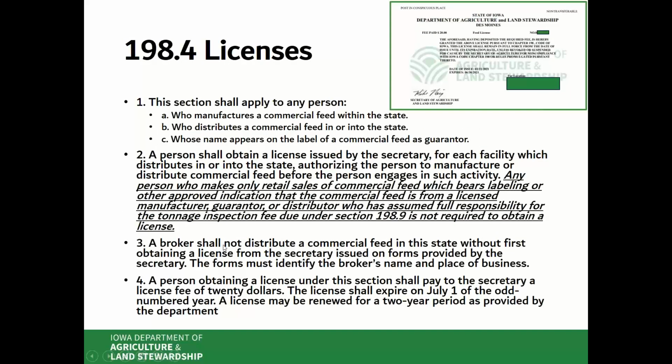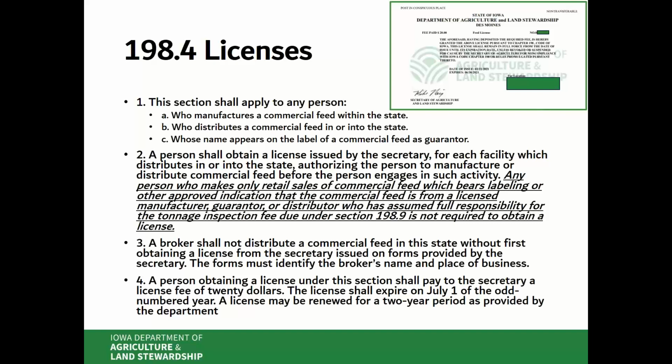All right, so this is what it says in our code, 198.4. It says that everybody who manufactures commercial feed within the state, who distributes commercial feed in or into the state, or those whose name appears on the label as a commercial feed guarantor, is required to have a commercial feed license.